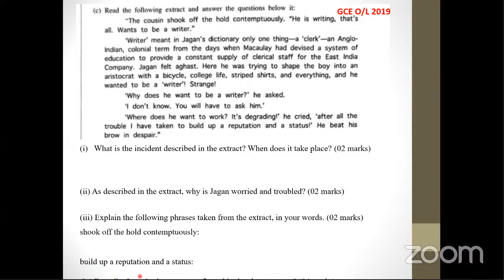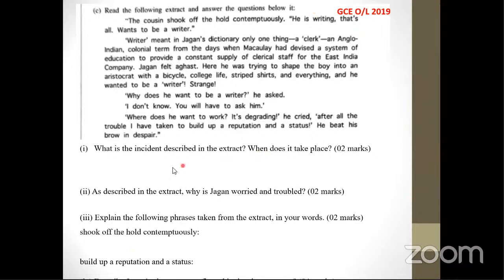I'm sorry, the last part is not seen, but I will read you the question, and it appears on the next slide, don't worry. Describe Jagan's character as reflected in the above extract.